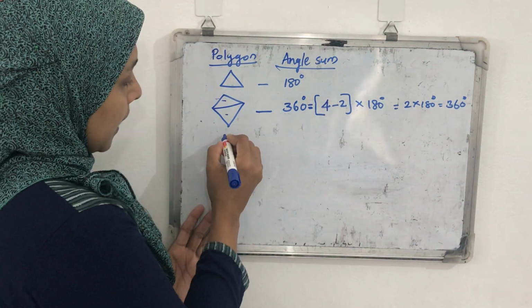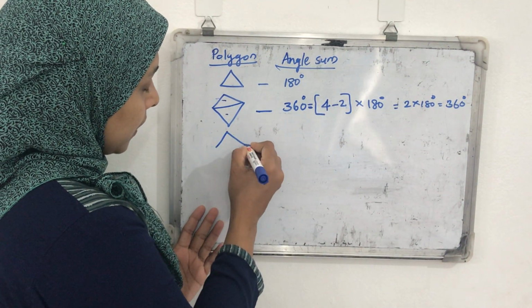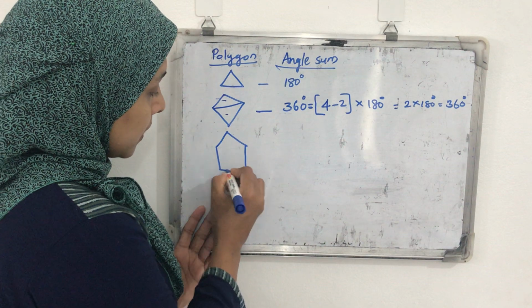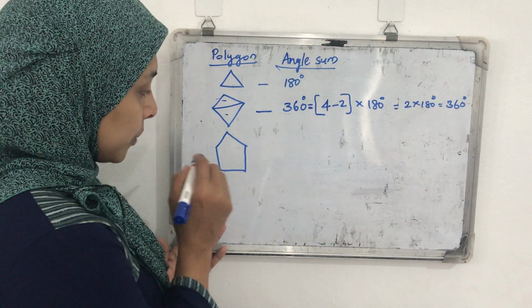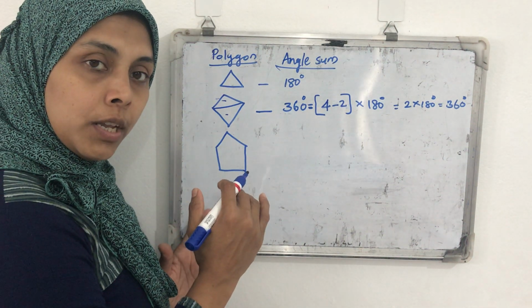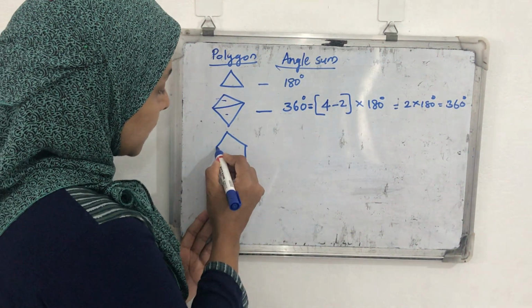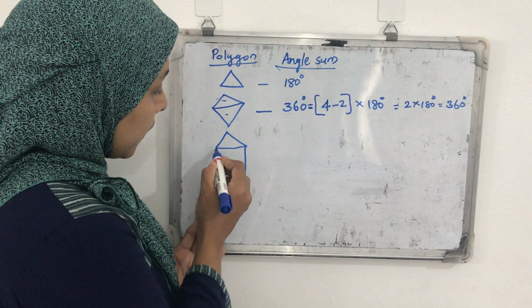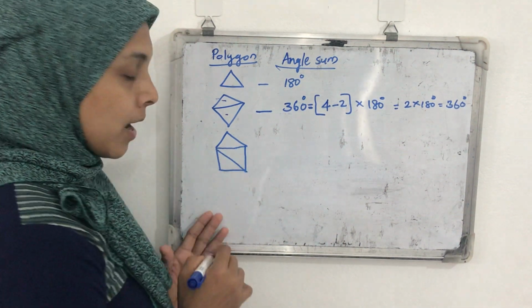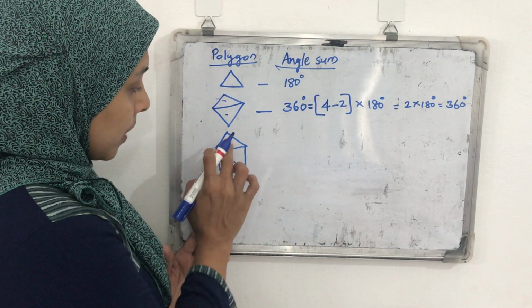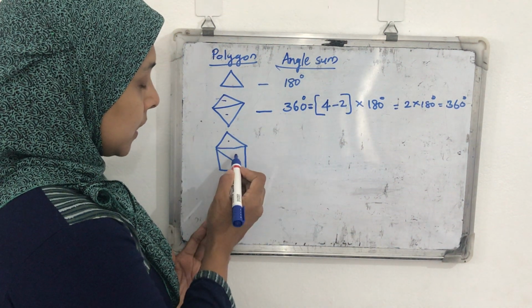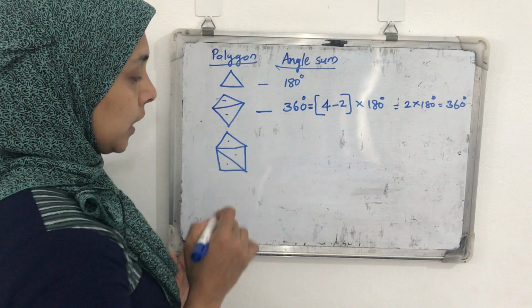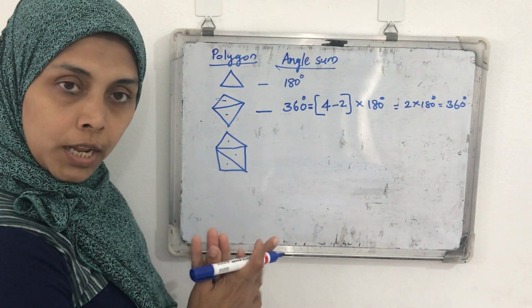Now if it is a pentagon, when we find the angle sum of a pentagon, here also we use the same method. Split the pentagon into triangles. How many triangles can we form in a pentagon? We can form 3 triangles by drawing diagonals. So first it is 180, this also 180, 180: 180 plus 180 plus 180.